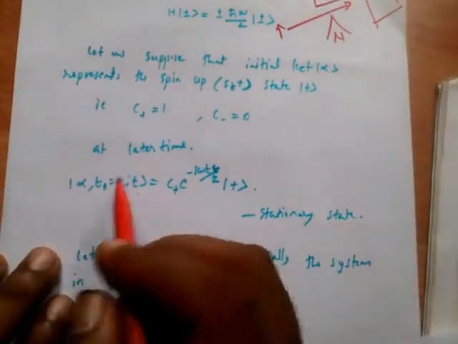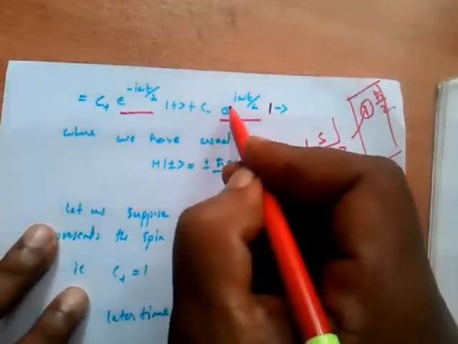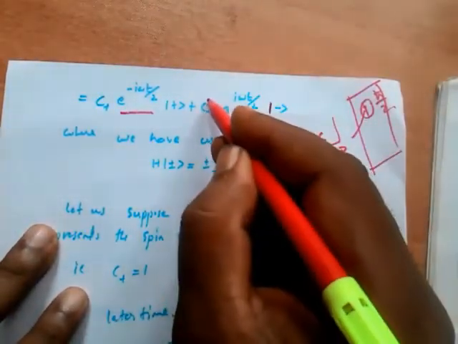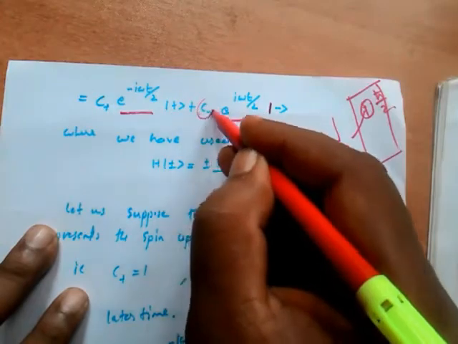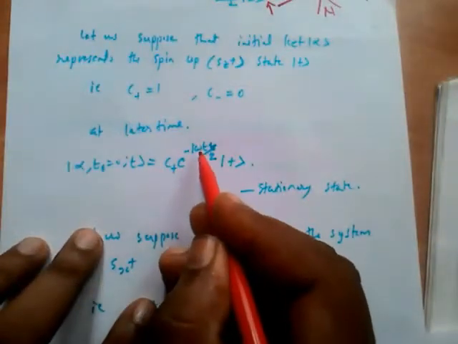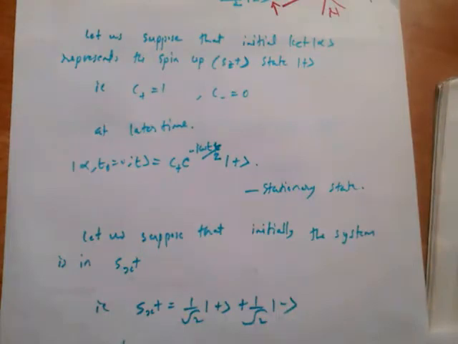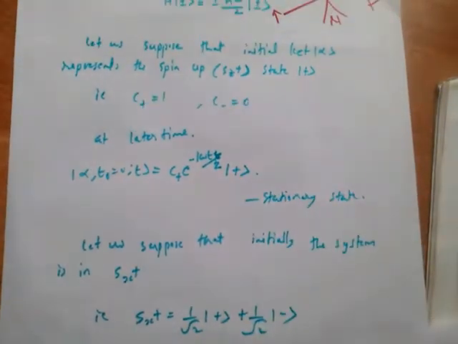And at later time, this c minus we have already taken 0. So at later time also, this is equal to c plus e raised to minus i omega t over 2 on our plus state.